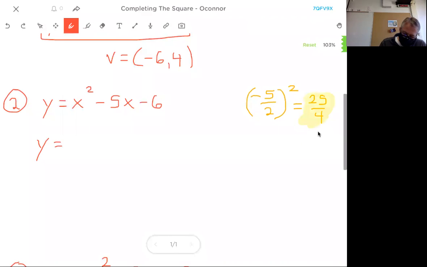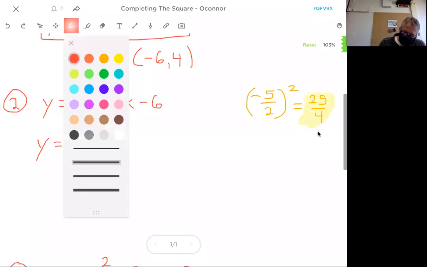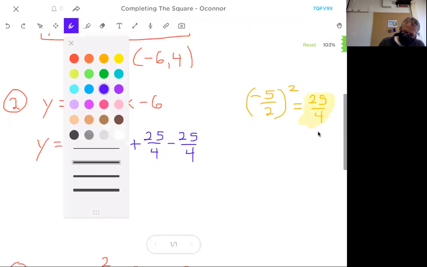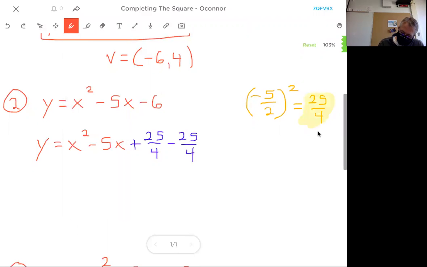So I have y equals x squared minus 5x, and then plus 25/4 and minus 25/4, and then minus 6. Don't forget, I got the 25/4 by taking half of the b term and squaring it.